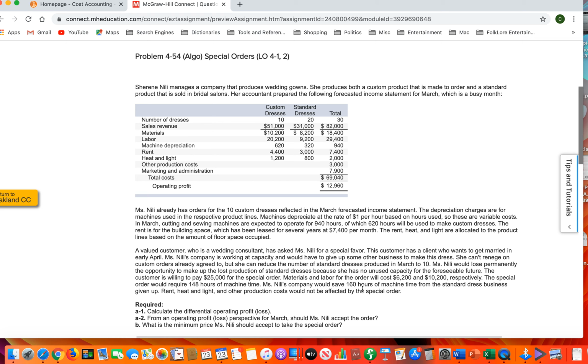So let's see what the contribution margin is by accepting the special order. 25,000 minus $6,200 minus 10,200 minus 160 is 8440. So minus the 6640 that she gave up, that's $1,800.